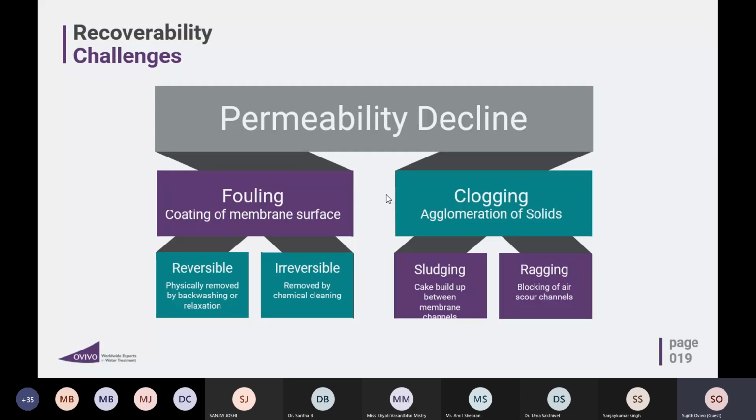And the clogging usually has something to do with your mechanical upstream or downstream unit of operation, right? Or if your blower is not working, like let's say your MBR scour blower is not working properly, you can see the sludge cake building up on the surface of the membrane. So then definitely there will be a permeability decline.